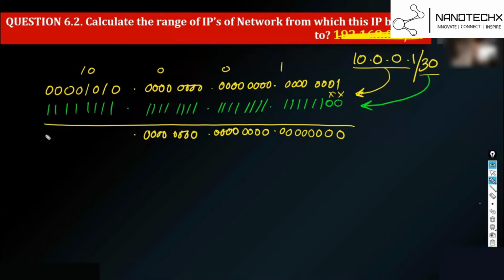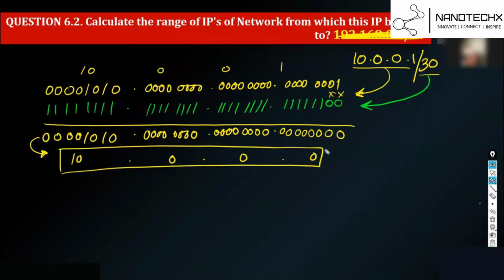And then here we get 0, 0, 0, 0, 1, 0, 1, 0. So this is our first IP, 10.0.0.0. This is our first IP, or our network number.